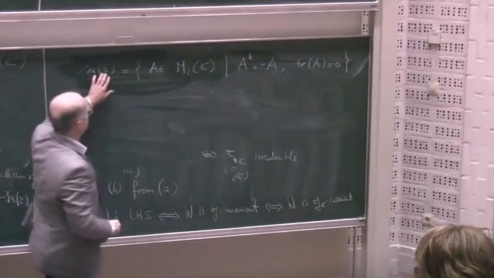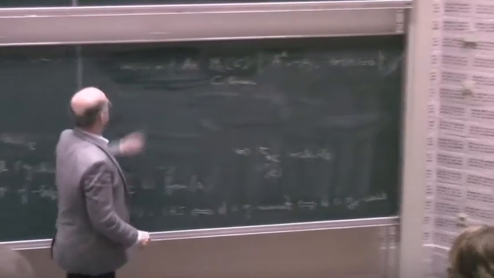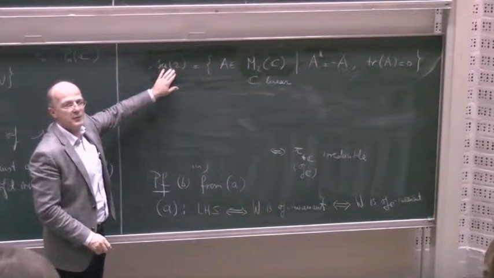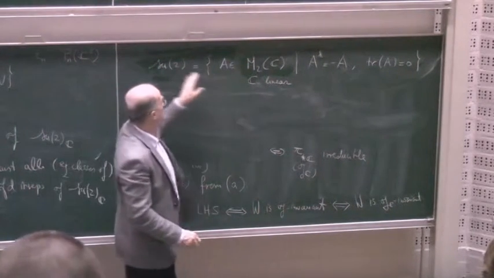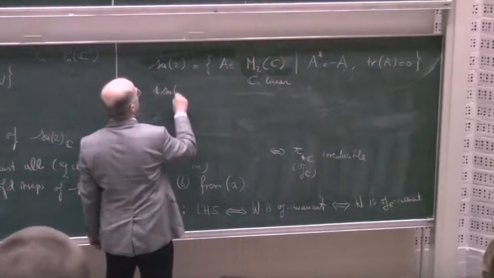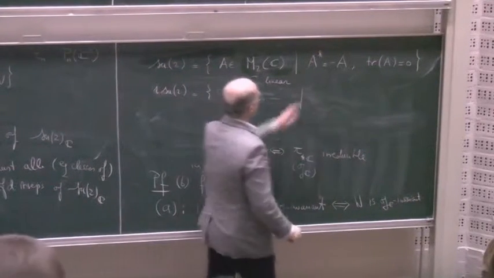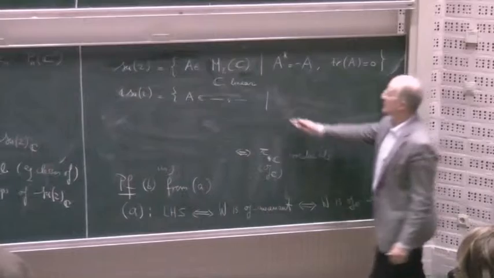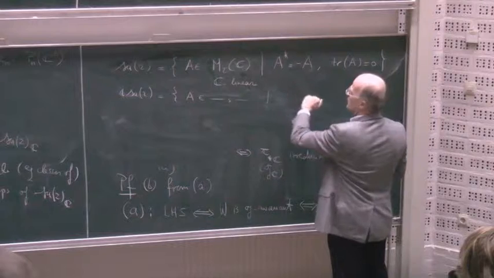Okay. Now let us look at what happens. I mean, this is a complex linear space, and this is a real linear subspace. So let us look at what happens when we multiply this space with i, the imaginary unit, inside this space. Well, anti-symmetry is going to be replaced by symmetry. Because if we take the star of i, then basically we take the complex conjugate of i, which is minus i.